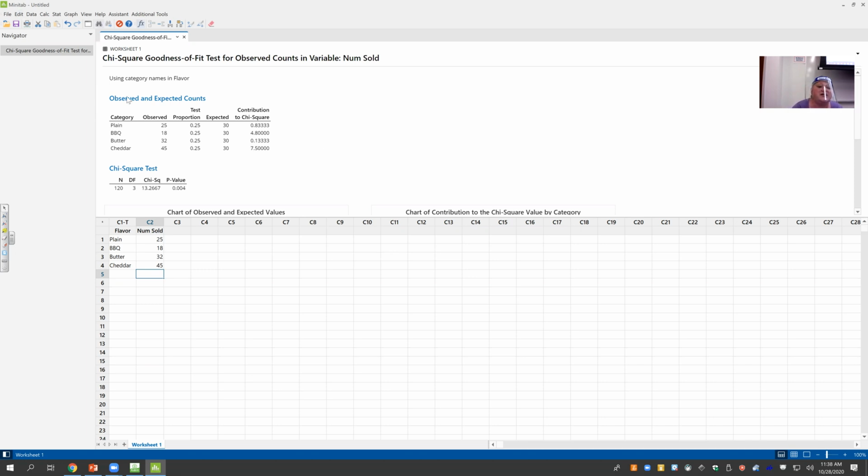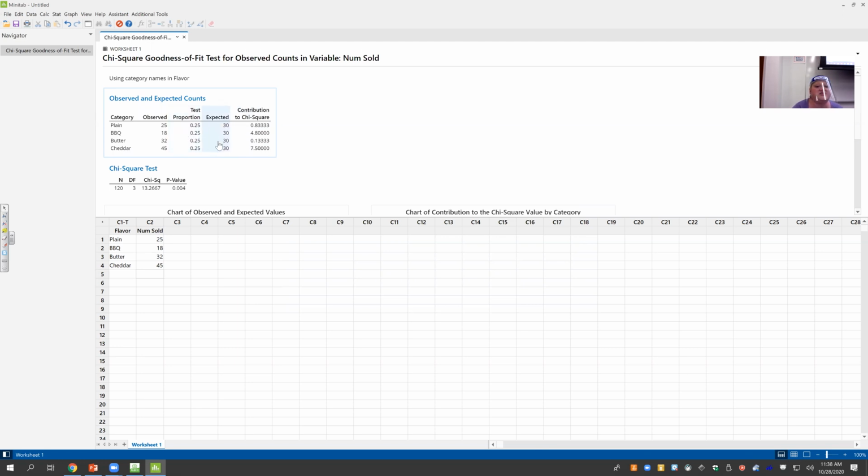All right, now you get lots of information here. Let me see if I can make this bigger where you guys can see it. Okay, notice it recreates our table. It has our categories, then our observed. It shows the proportion, which we talked about being 25% for each category.